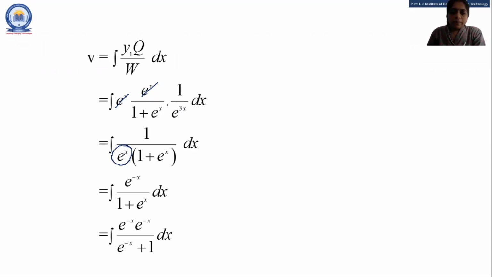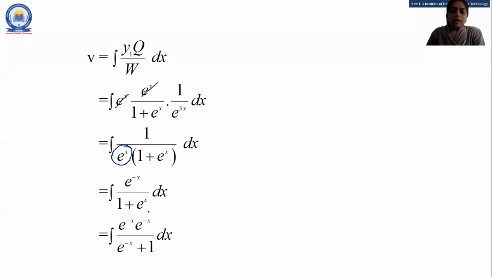If I put this e raised to x in the numerator, it converts into the minus form, e raised to minus x, and in the denominator 1 plus e raised to x is there.